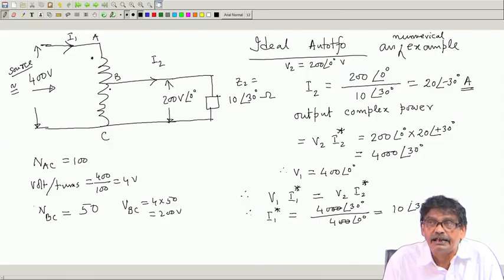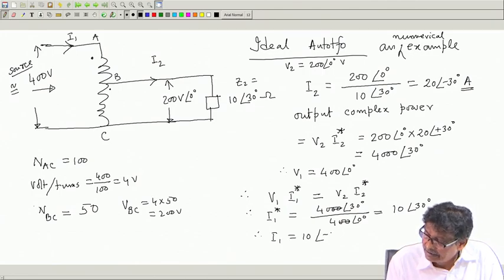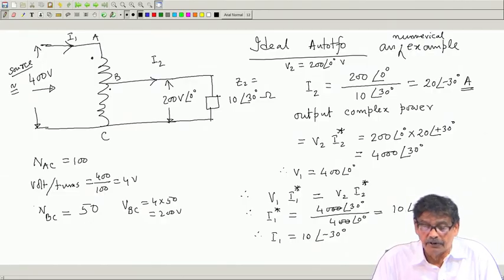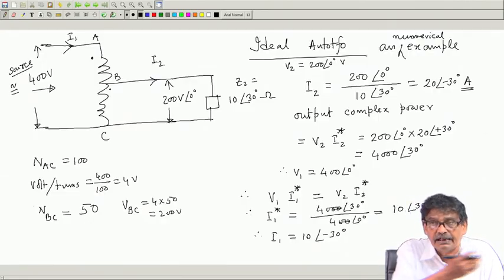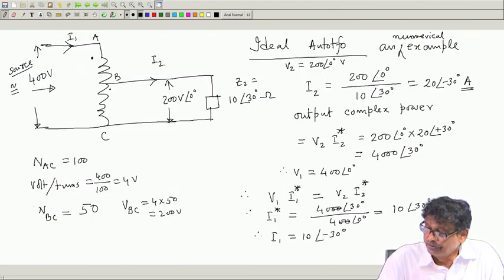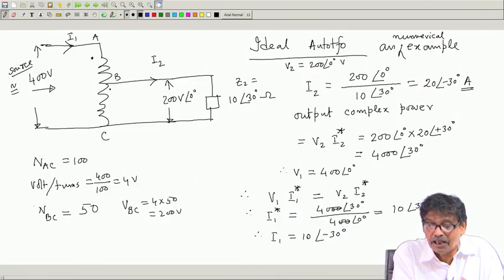But mind you, this is I 1 star, therefore, I 1 will be 10 angle minus 30 degree. Therefore, by balancing the power on the load side with the power drawn from the source, you can avoid several physical things of what is going on. That is, I know I 1 now.